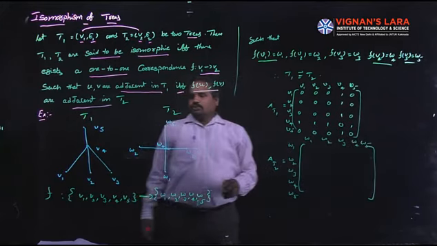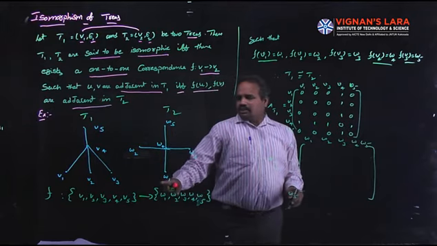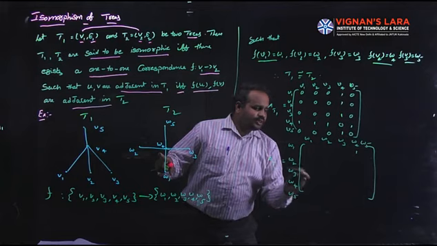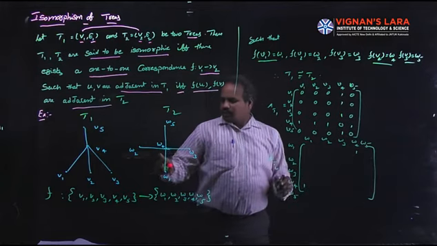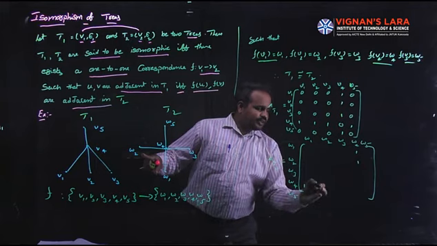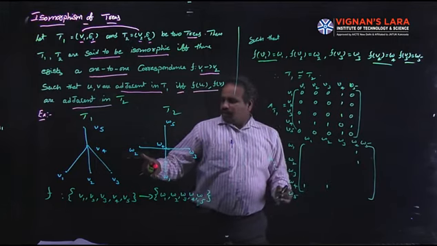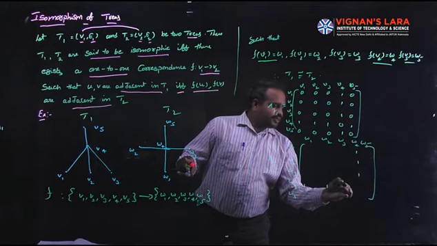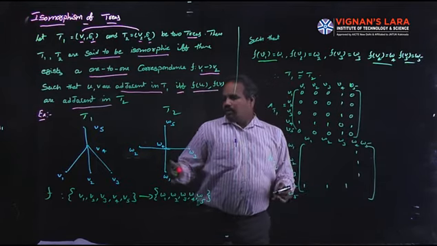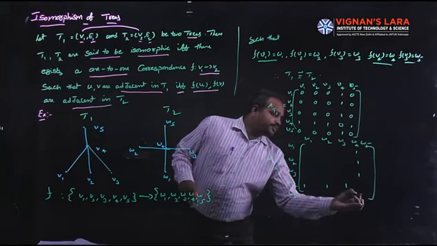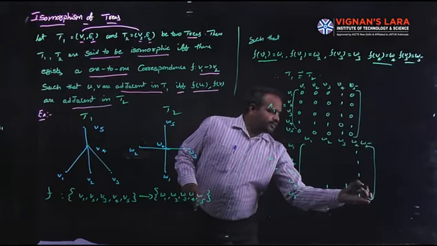Coming to the first one, W1 is adjacent to W4, W1 to W4 and W4 to W1. W2 to W4, W4 to W2. W3 to W4, W4 to W3. Next, W5 to W4, W4 to W5.